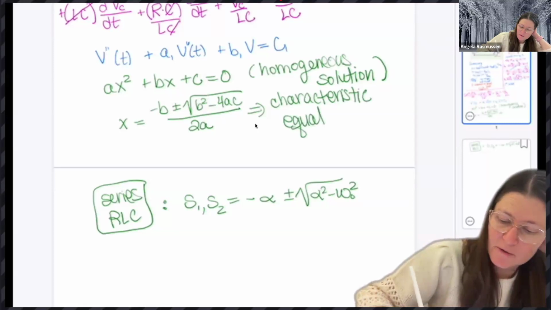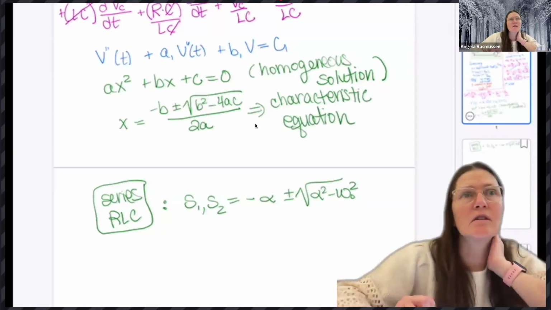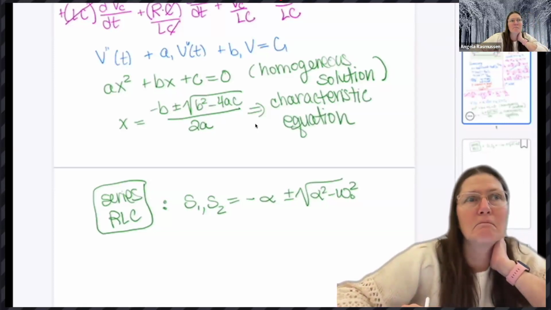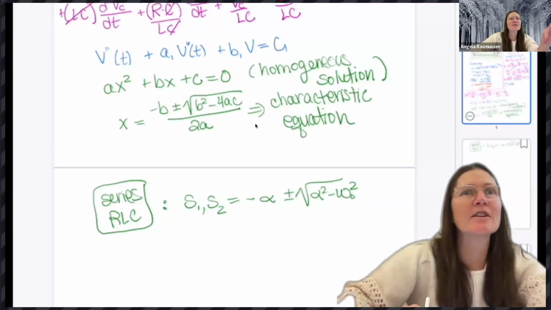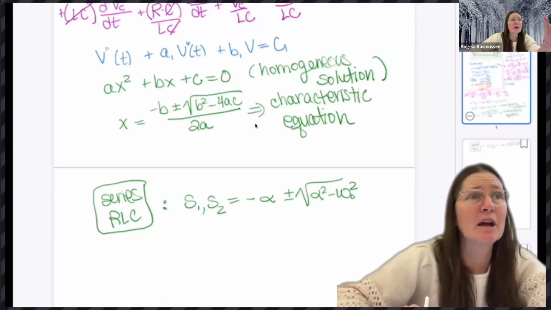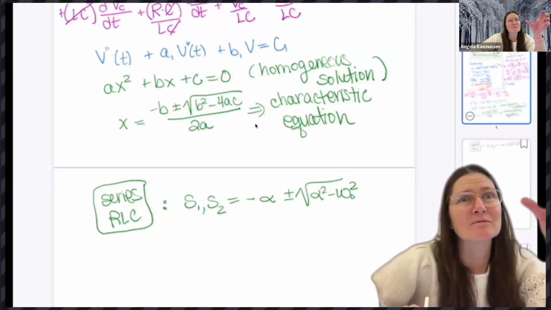Anyone remember what those can be? If you have b squared minus 4ac, that term can be greater than 0, it can be less than 0, or it can be equal to 0.